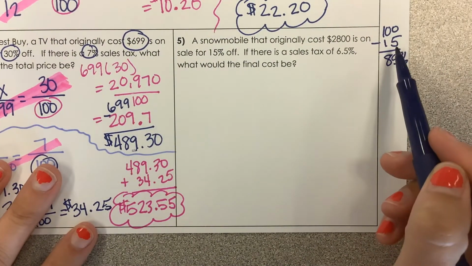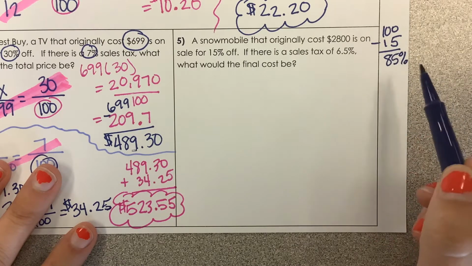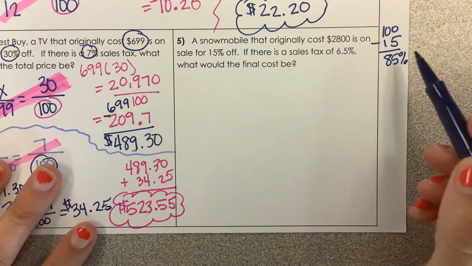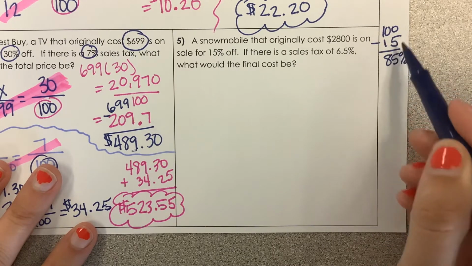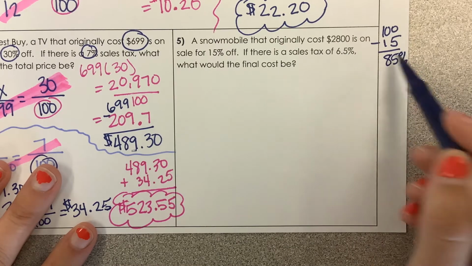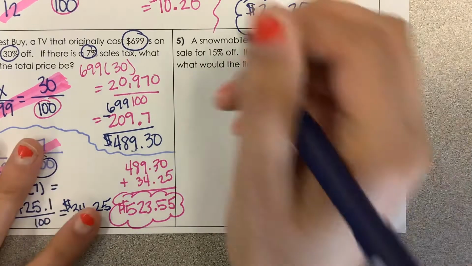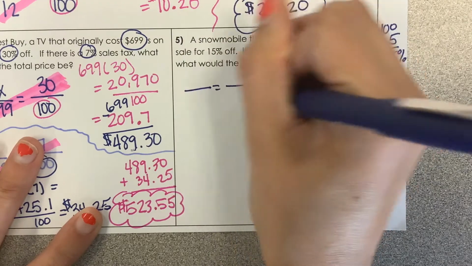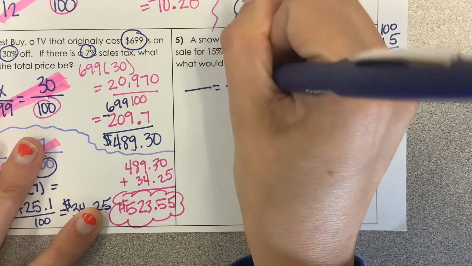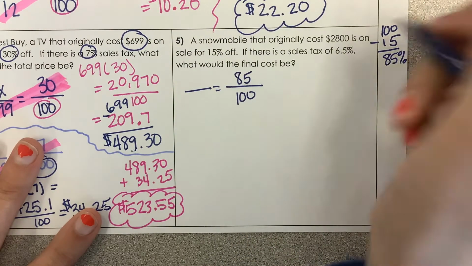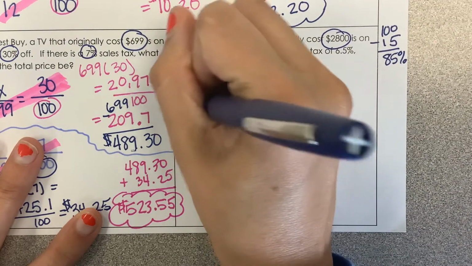So instead of finding the discount, subtracting it from the price and getting our new price, we are just subtracting our discount from 100 to say, okay, our new price is going to be 85% of the original. So I can plug this in as a proportion and calculate what is 85% of our original amount, which was $2,800.